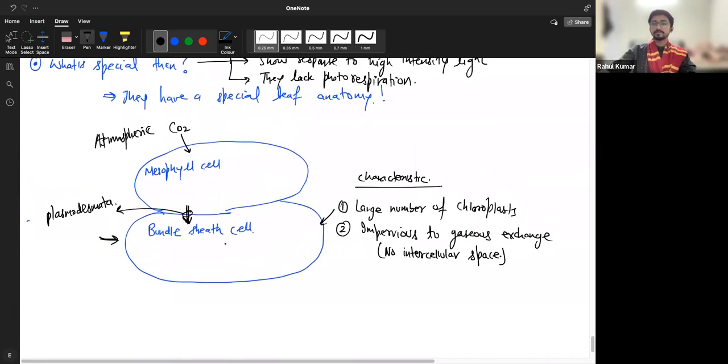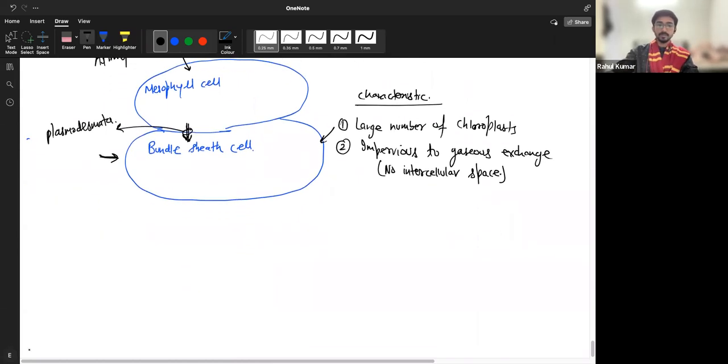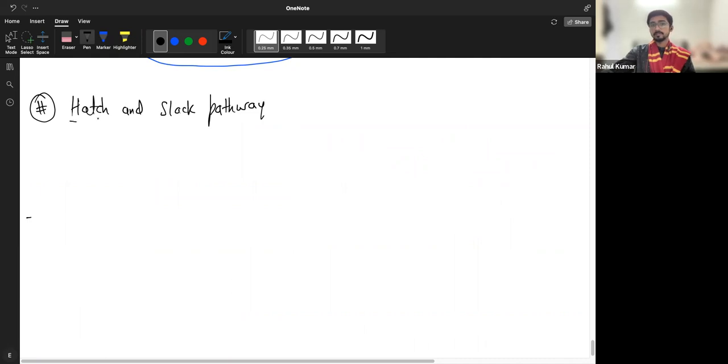This pathway, which includes the Calvin pathway in itself, is called the Hatch and Slack pathway. It was figured out by Hatch and Slack. What is it called? So for C4 plants, we study something called the Hatch and Slack pathway.